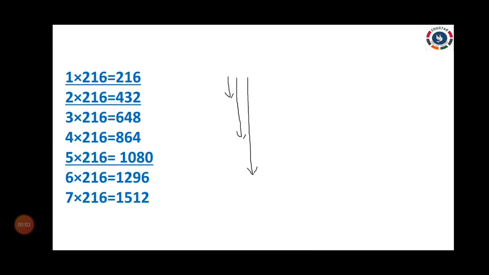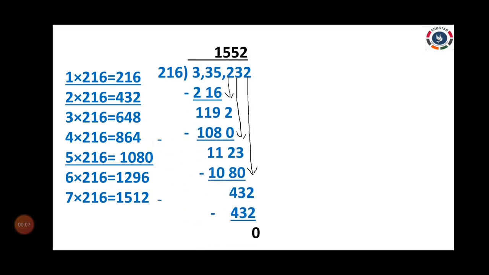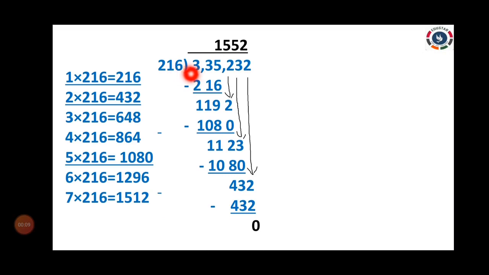Write the multiplication table of 216 aside. Then write 216 outside the box. 3,35,232, write inside the box. Now here 3 digits are there in the divisor, so you have to take the first 3 digits in the dividend also. Compare the two values, the divisor is lesser than the dividend, so we can tell how many times it is there in 335.